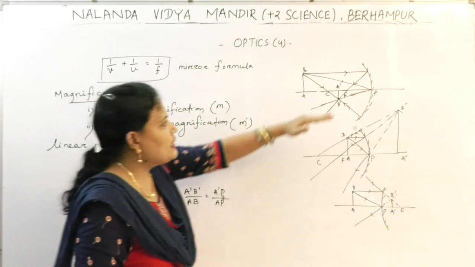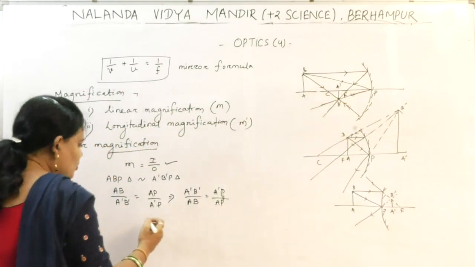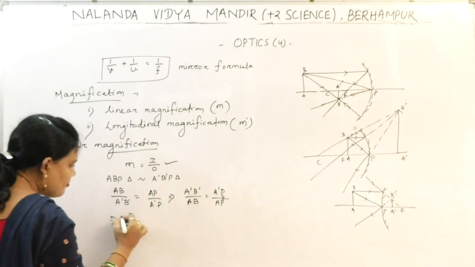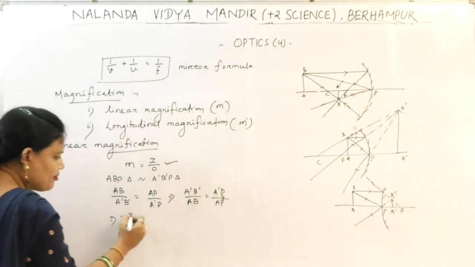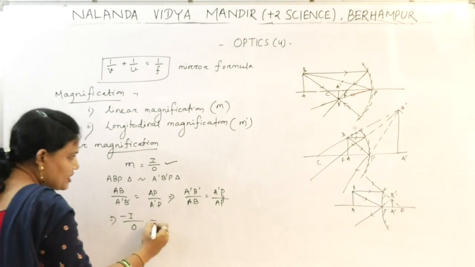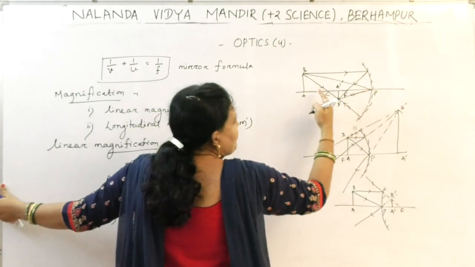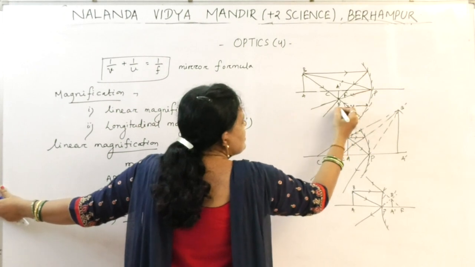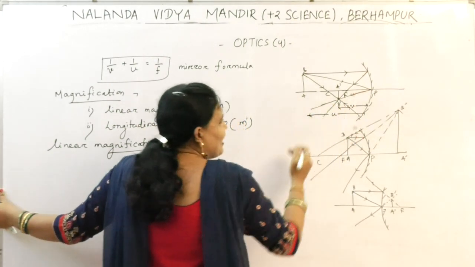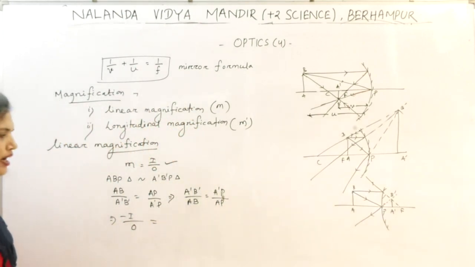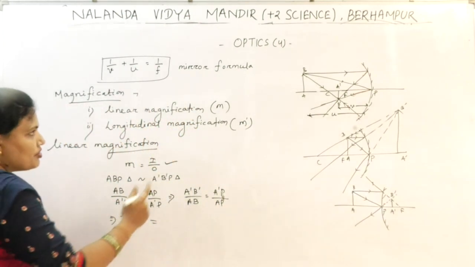A dash B dash is below the principal axis, so that is minus I by AB, this one O, size of image and size of object, equal to A dash P by AP. A dash P is the image distance V, AP is the object distance U. Both are to the left of the pole, so taken negative according to the sign convention.